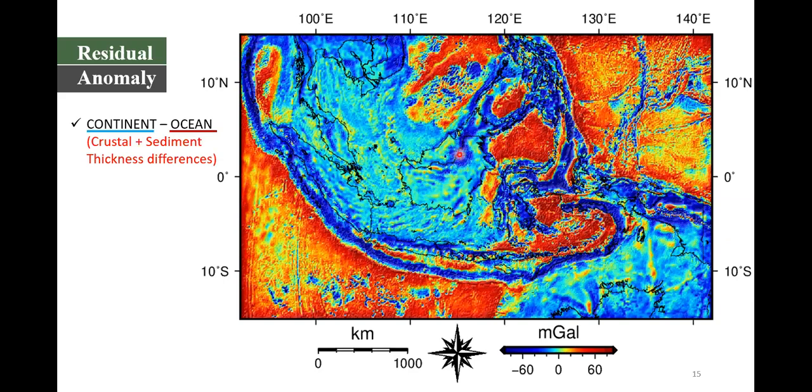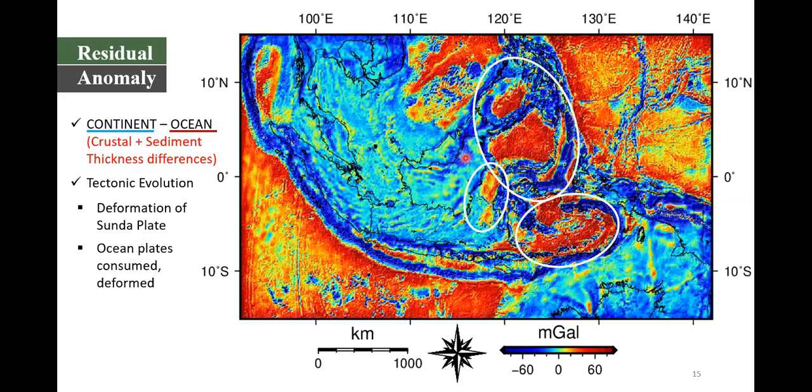As you can see, the darker blue corresponds to thicker sediment and crustal layers than the lighter ones. We also can see the features related with the tectonic evolution of the region, as here the deformation of the Sonda plate because of the highly oblique collision with the Indo-Australian plate.